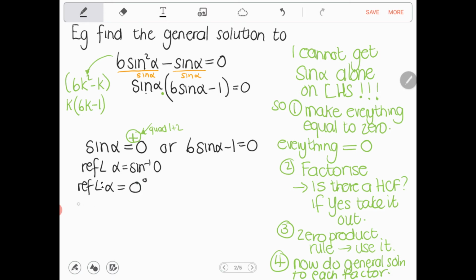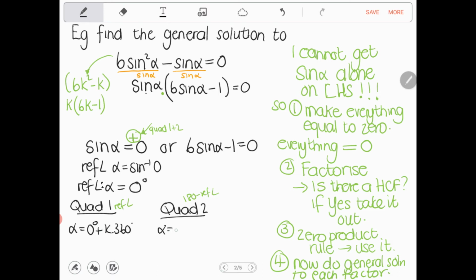All right, and then I go to quadrant 1 and 2. Remember, in quadrant 1, it's your reference angle, and in quadrant 2, it's 180 minus your reference angle, and then obviously plus your k lots of 360. So alpha is equal to 0 plus k lots of 360.